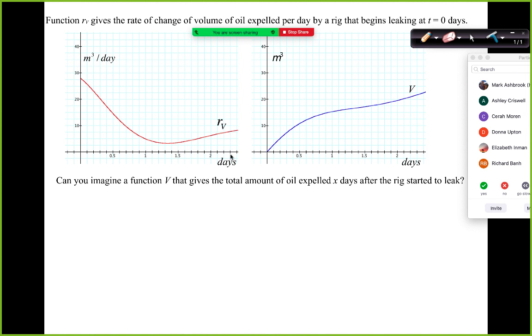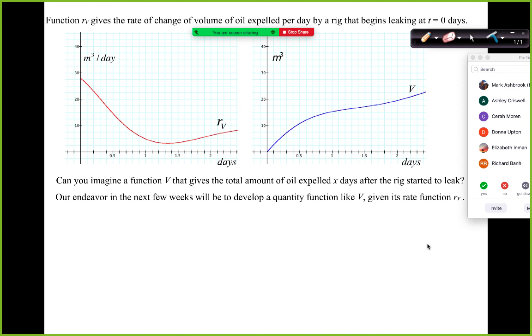It's going up at different rates. At the beginning it's going up the fastest, and then here it's going up the slowest, but still going up, and then it starts to go up faster again. So our endeavor in the next few weeks will be to develop a quantity like V. And is this net accumulation or total accumulation?